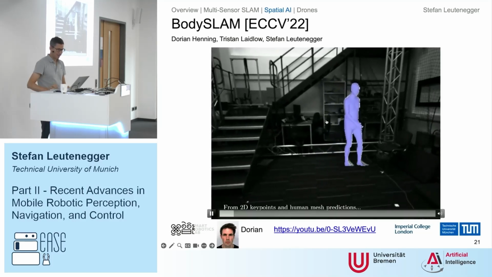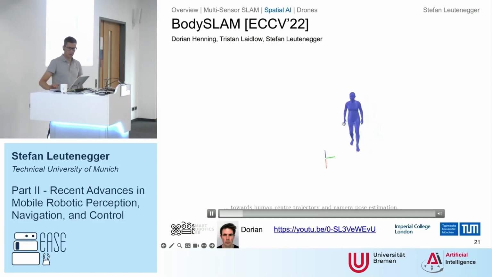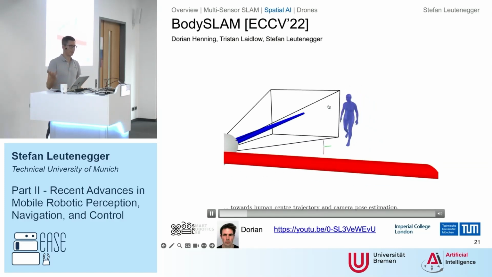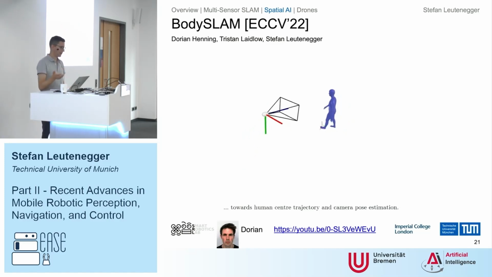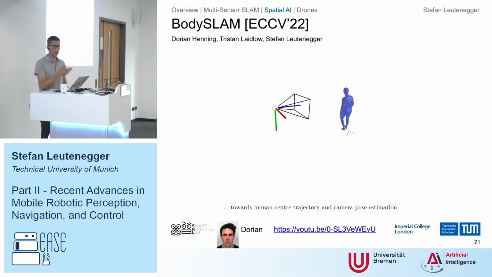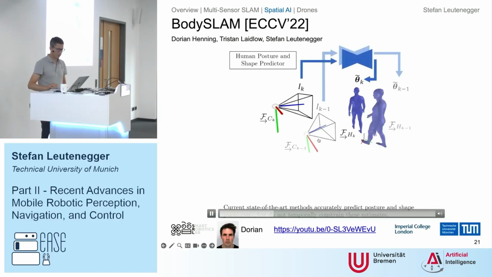So now you see how the camera is moving here as well, right? And we want to reconstruct the human in a static frame, such that you can then maybe use that in your planning framework, or extract the motion of the human to learn from that, while you have observed the human from a moving camera.